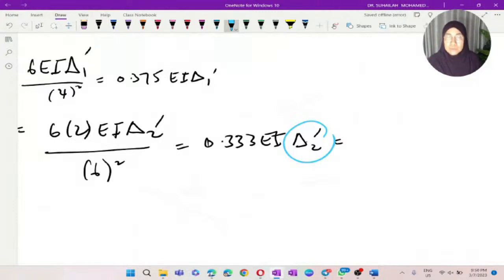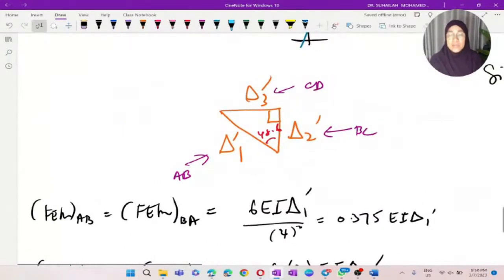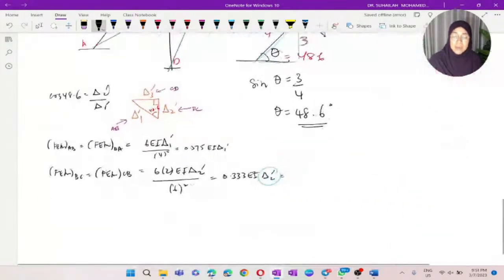So we need to write the relationship between delta 2 and delta 1. Okay, we use this triangular. Between delta 1 and delta 2, from the diagram, we will use cos. So cos 48.6 equal to delta 2 prime over delta 1 prime. So in terms of delta 1 prime, delta 2 prime is equal to cos 48.6 delta 1 prime, which is 0.661 delta 1.